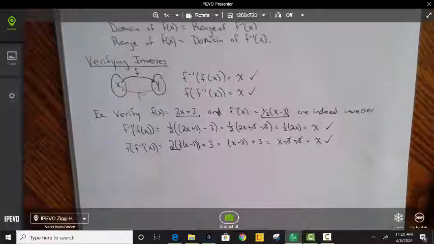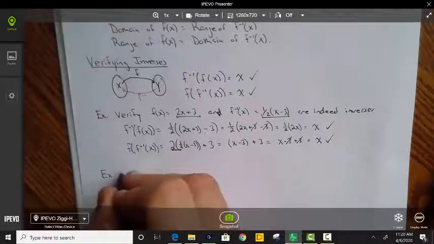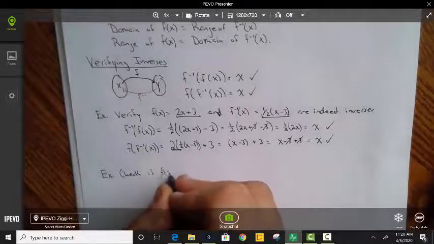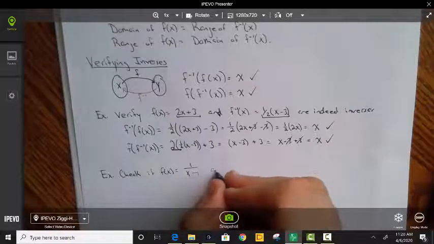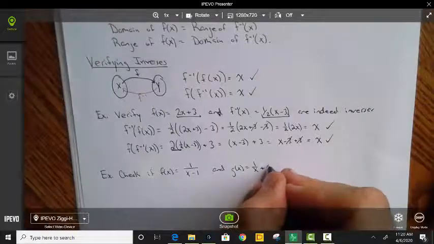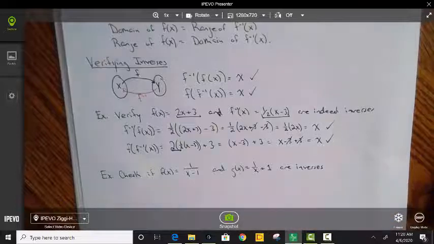Alright, and so let's do one more of these. Let's check if f of x equals 1 over x minus 1 and g of x equals 1 over x plus 1 are inverses.